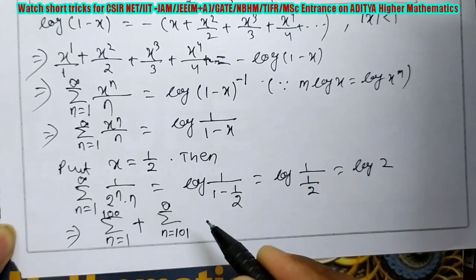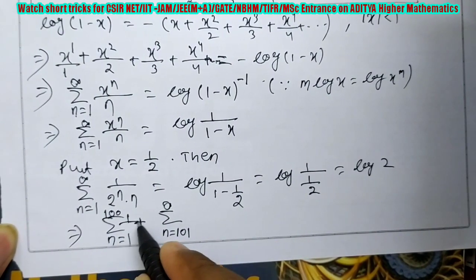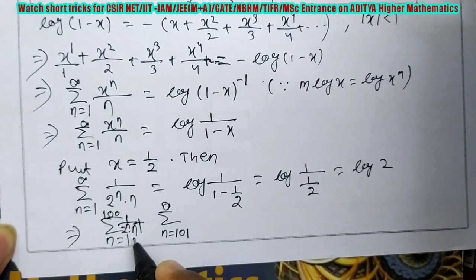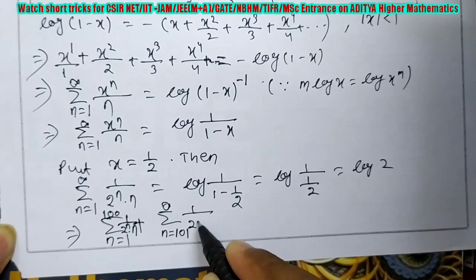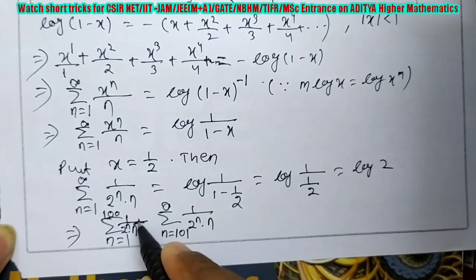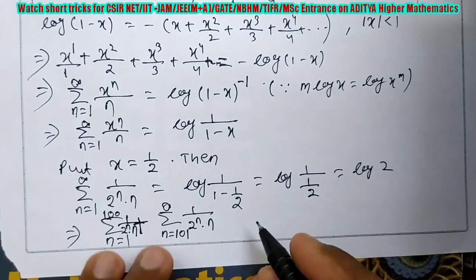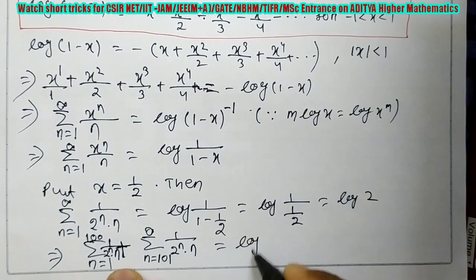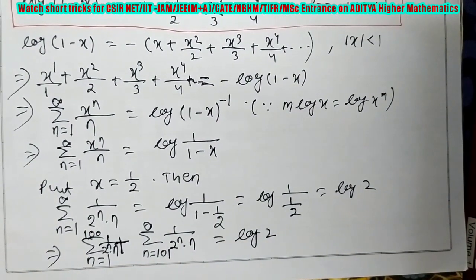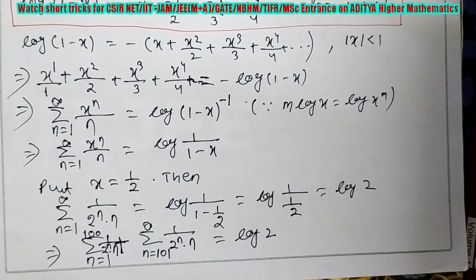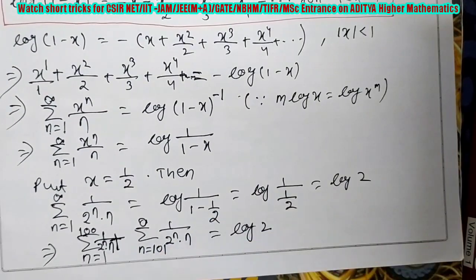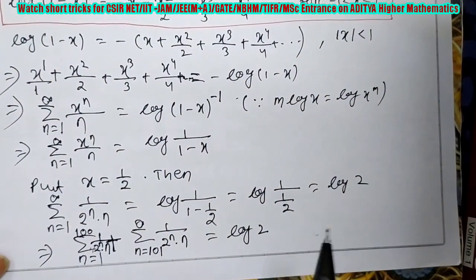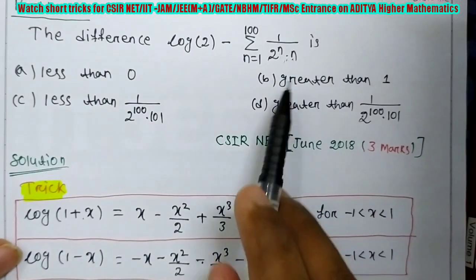Here write 1 by 2^n into n, here also 1 by 2^n into n, the middle sign is plus, and the right side is log 2. So now we will keep the first term on the right side, so that we will get log 2 minus what is given in this question.